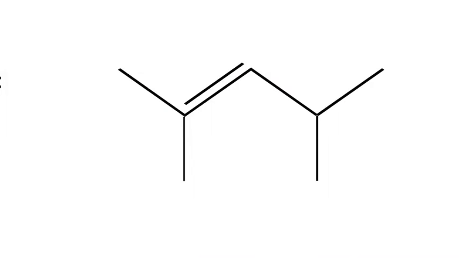For those of you that are wondering where the 5 are: 1, 2, 3, 4, 5. We need to start numbering from left to right because we need to give the carbon-carbon double bond the lowest number. So this is 1, 2, 3, 4, 5.